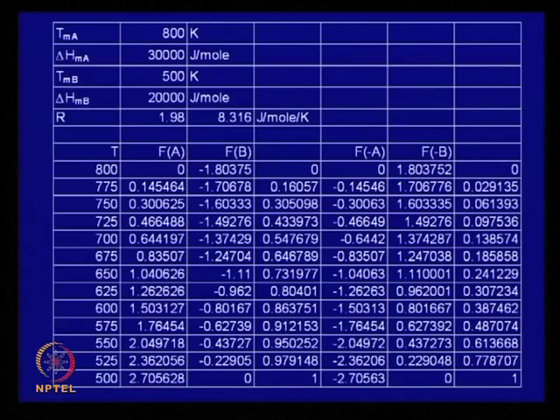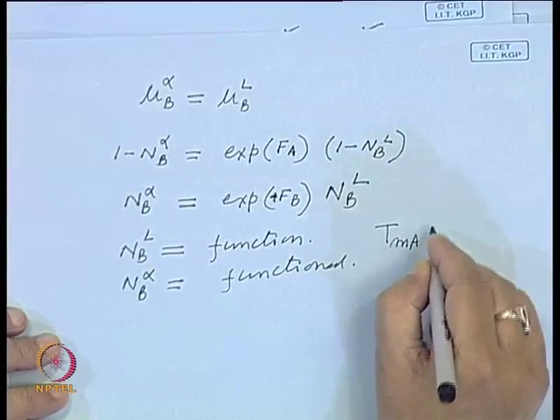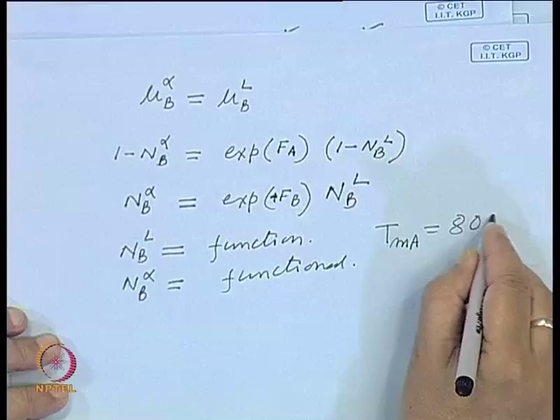So, these are the constants which are listed here. What you need to know is the melting point, and let us say that the melting point of A is 800 degrees Kelvin.